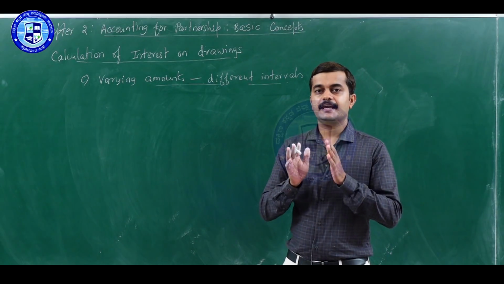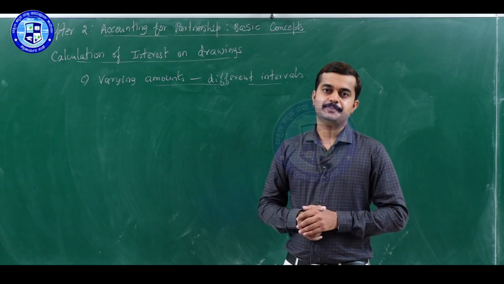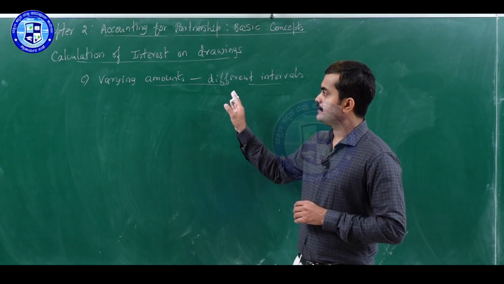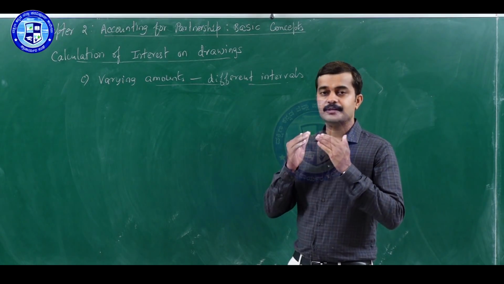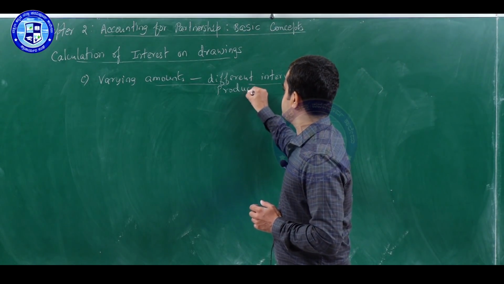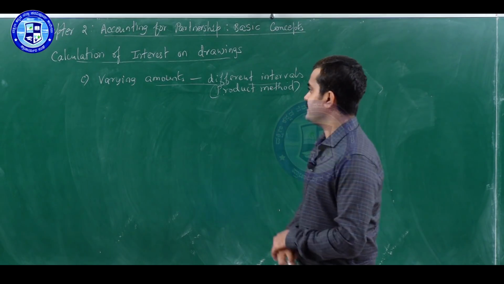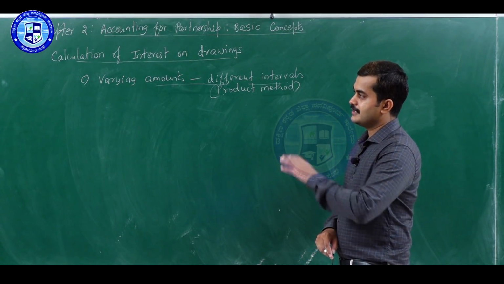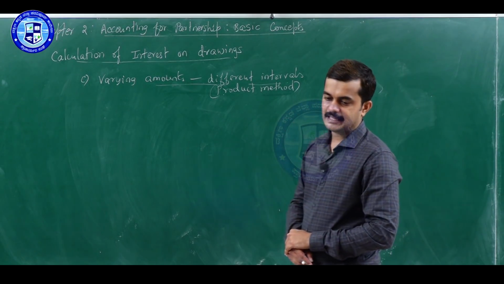Under situation A and situation B, we can easily follow that average period method, but we can't apply that average period method in this situation. For this situation, we have a different method, that is called the product method. Using the product method, we can easily calculate interest on drawings when the drawings are made with varying amounts at different time intervals.